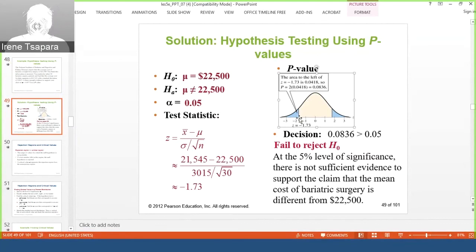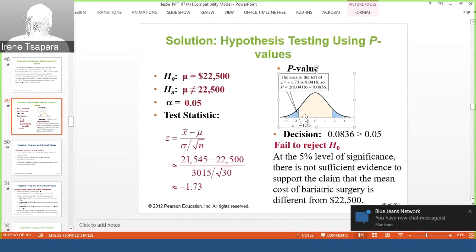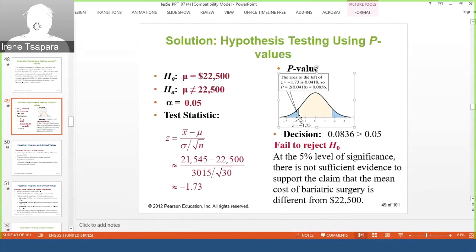Now, if I know what the z-score that corresponds to the border of the blue region is, then I can compare the negative 1.73 with this number right here. Now, the z-score for the critical value is going to be nothing else than the z-score of your alpha.